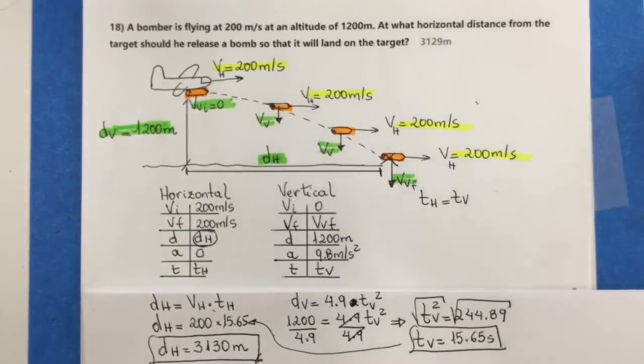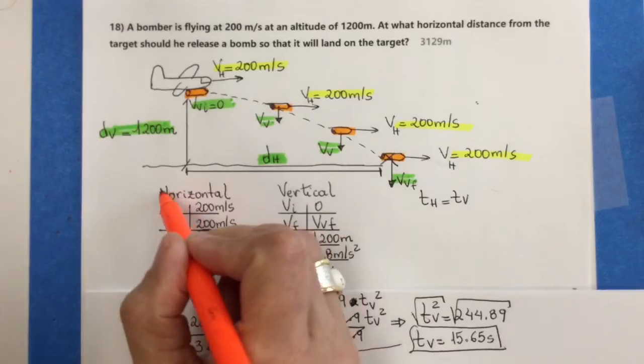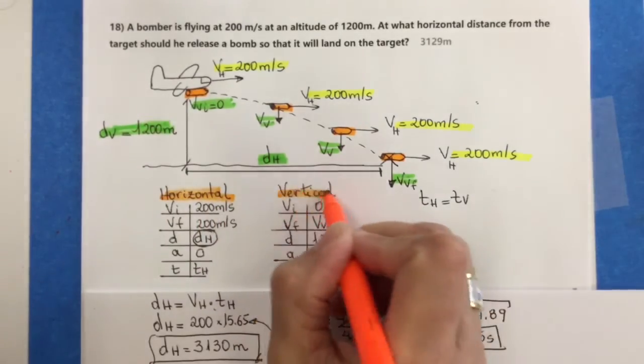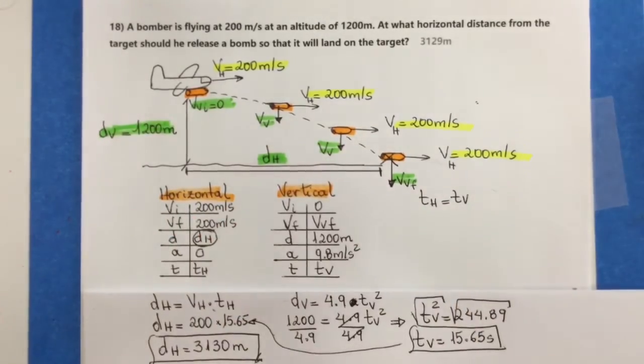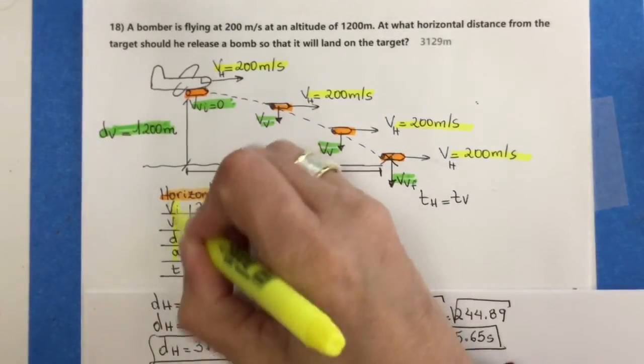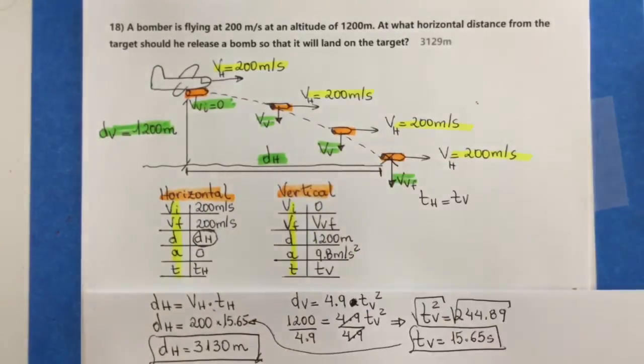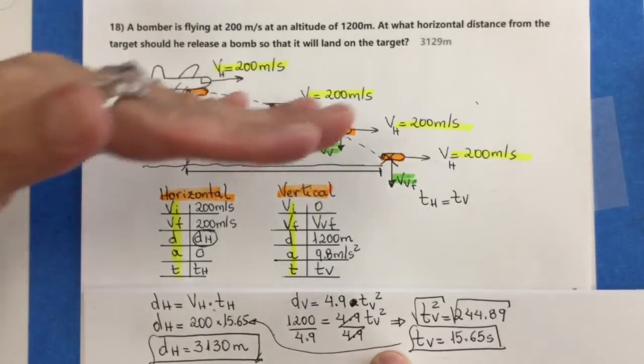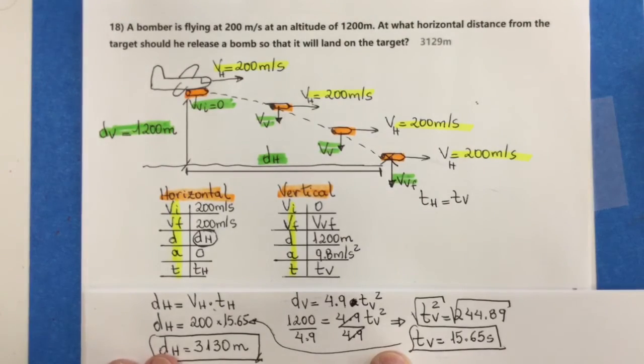Then we build these two tables, a horizontal table and a vertical table, with the same motion variables. Then we set up the tables based on what we see horizontally and vertically.